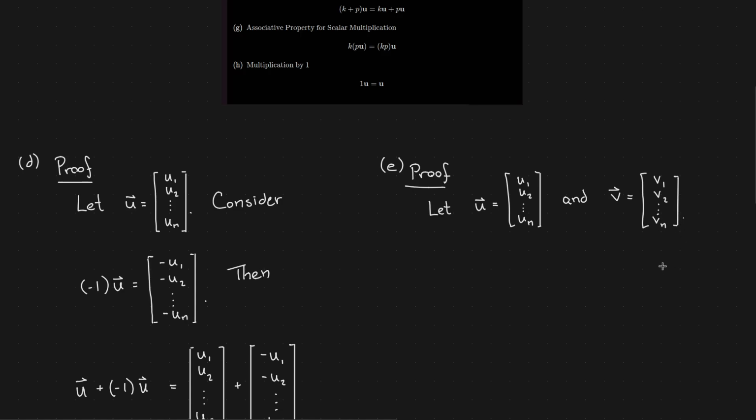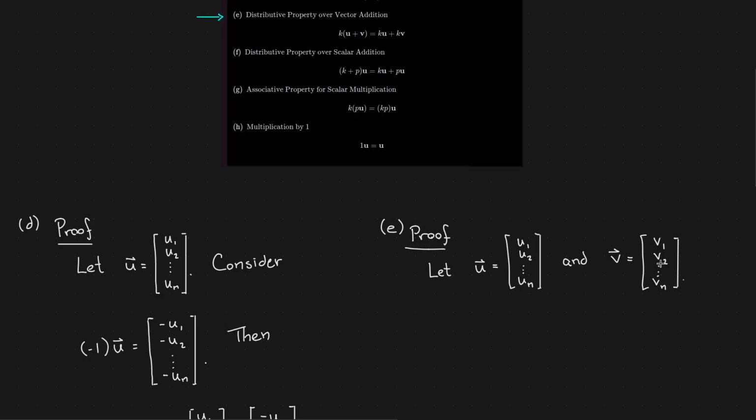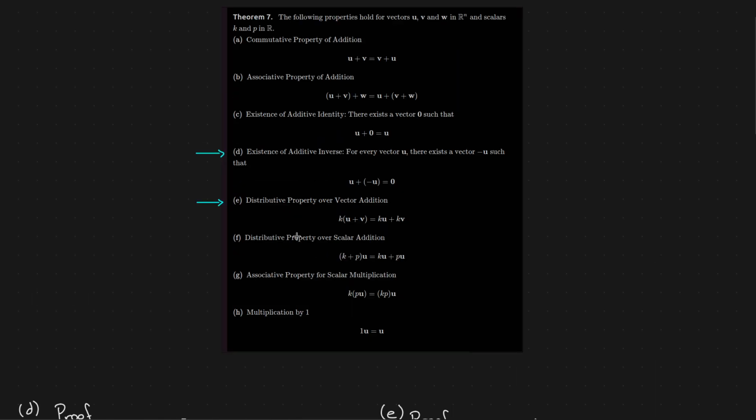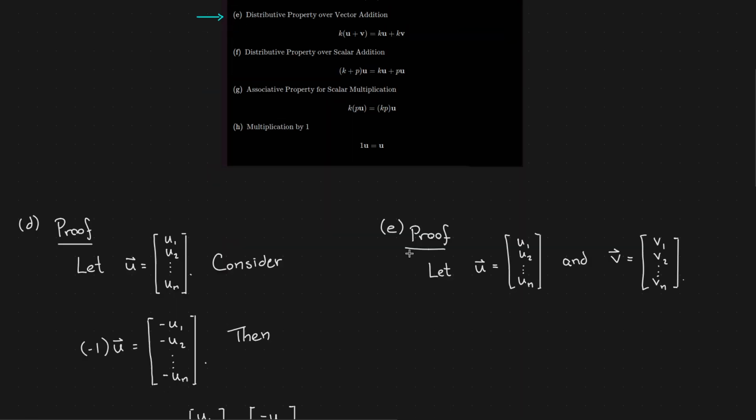Okay, now all I'm going to do here is apply the definition and calculate the left side of this equation. Then I'm going to apply the definitions of scalar multiplication and vector addition and calculate the right side of this equation. And I will show, once I do that, that they will be the same. Okay?